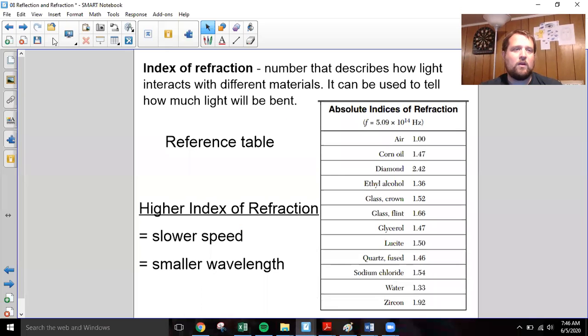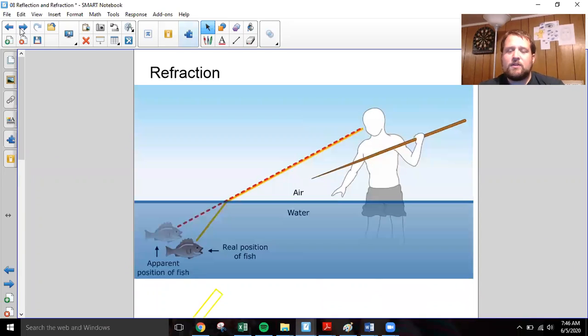So what else? Here's just an interesting example one more time, why it can be so hard to learn how to spearfish. You think you see a fish, you throw the spear at it, and you miss it high. And that's because, first of all, for you to see the fish, light has to be coming in through the water, it has to bounce off the fish, and then it has to move up to your eyes.